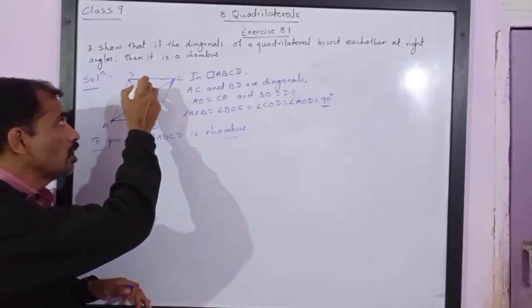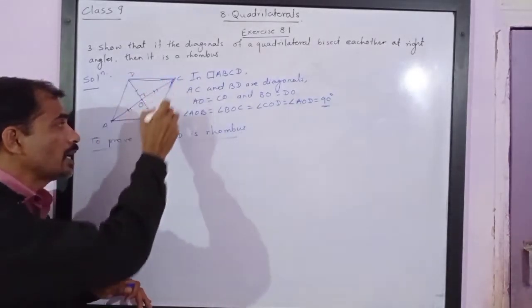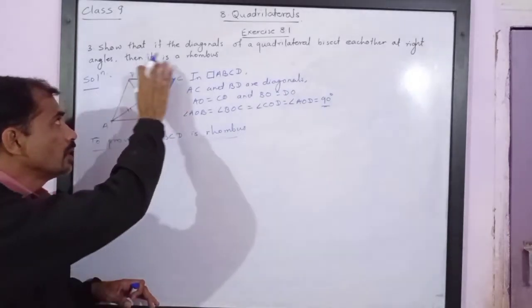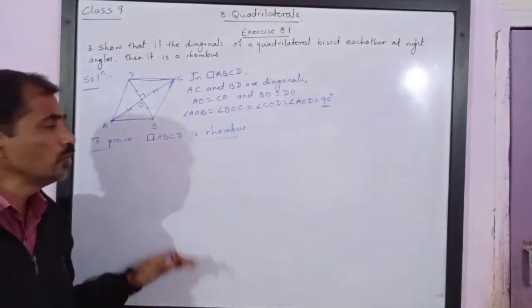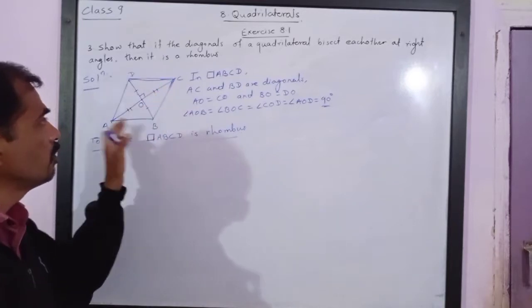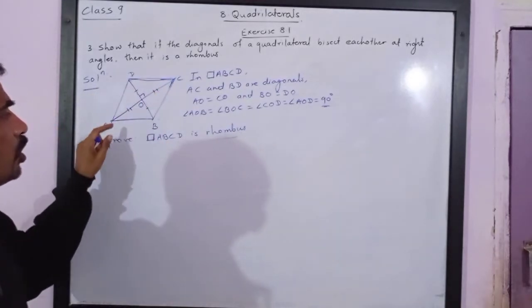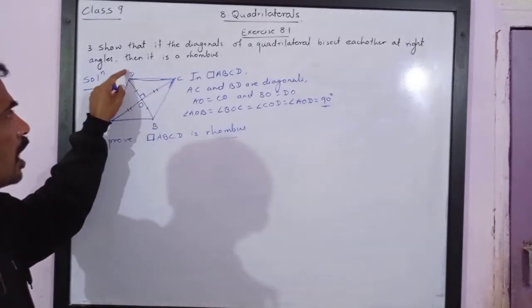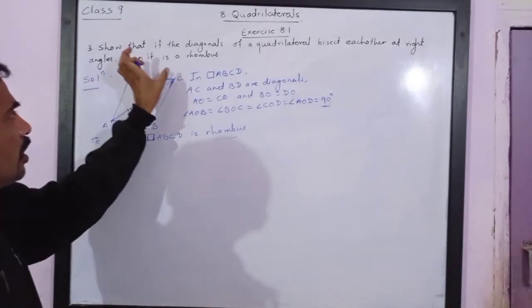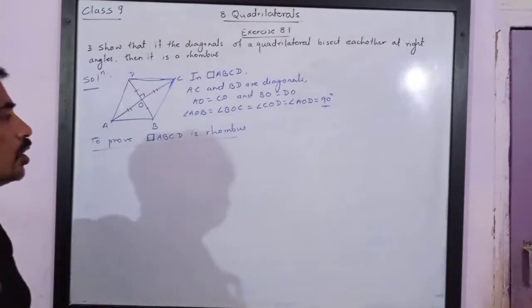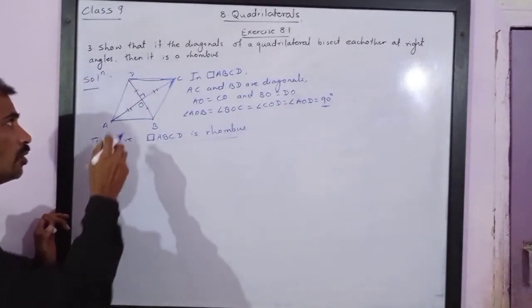So quadrilateral ABCD must be a parallelogram and these outer sides must be equal to one another. So let us see how it can be proved. If we are able to prove ABCD is a parallelogram with AB equal to BC equal to CD equal to AD, then we can call this ABCD a rhombus.